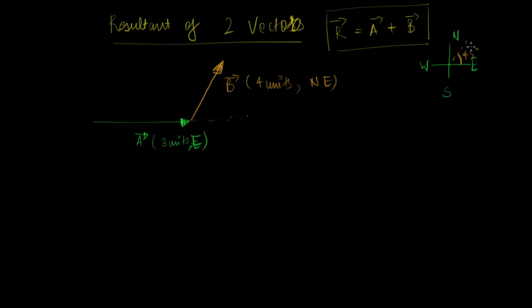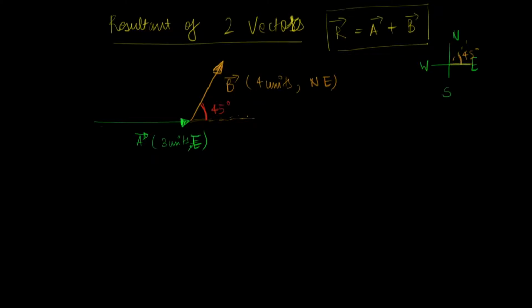Therefore, A is at 0 degrees from east, B is at 45 degrees from east, and therefore the relative angle between them would be, you guessed it, 45. It comes from 45 degrees minus 0 degrees, so that's 45 degrees.